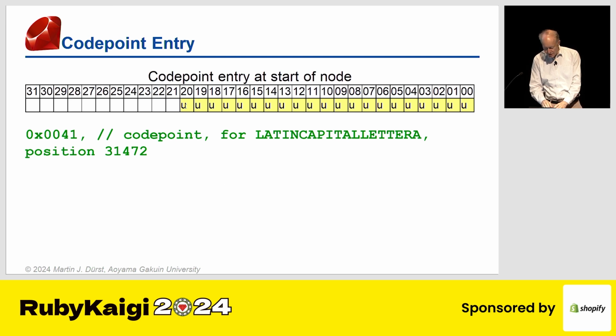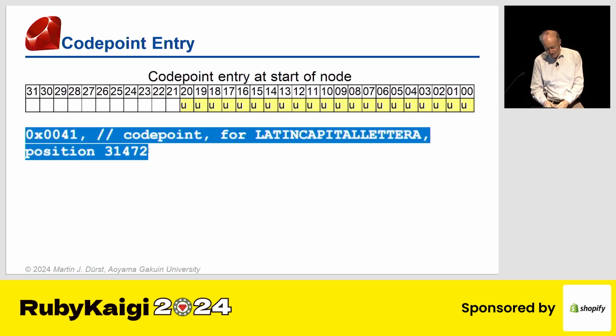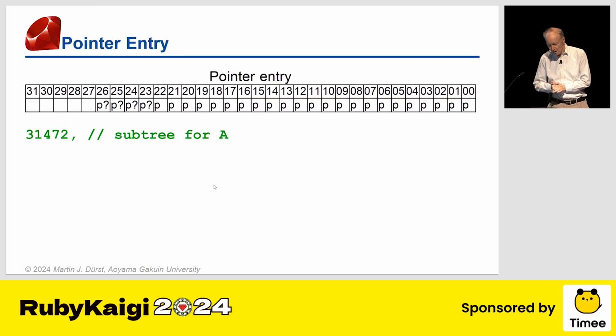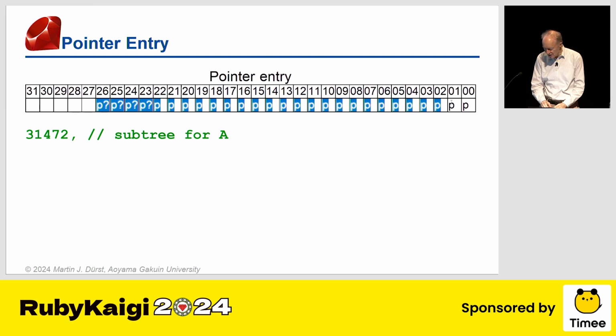For a code point, we would just put the data in the lowest 21 bits. And this is actually how it shows up in the data file in our implementation. Lots of comments for debugging, but this is just the data. And for pointer entities, we don't know exactly how many bits we need.